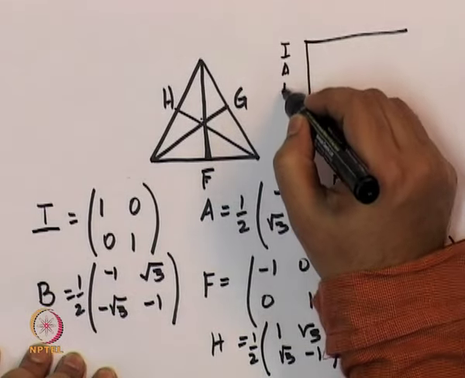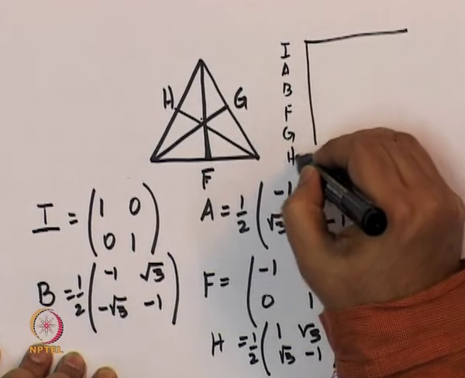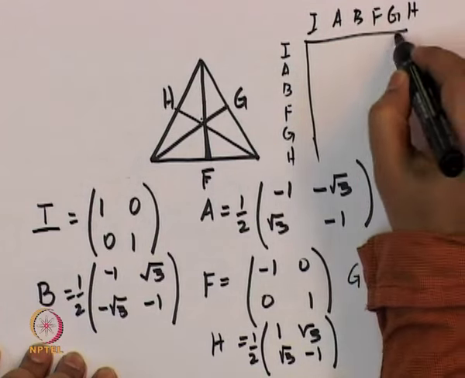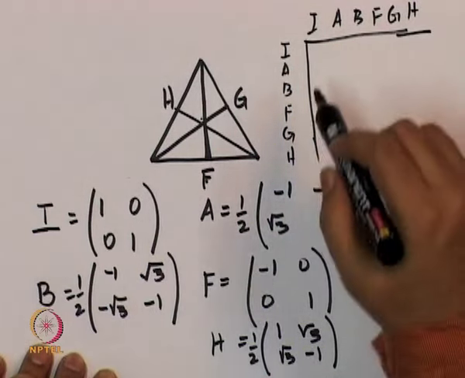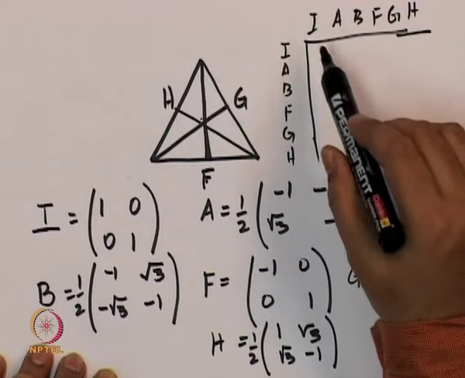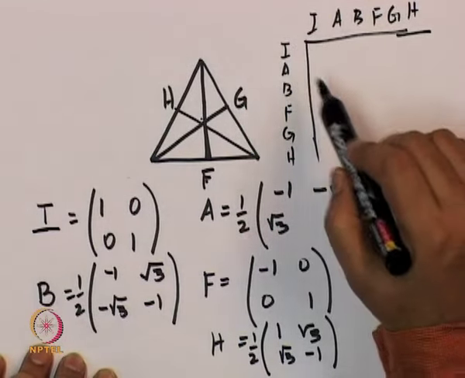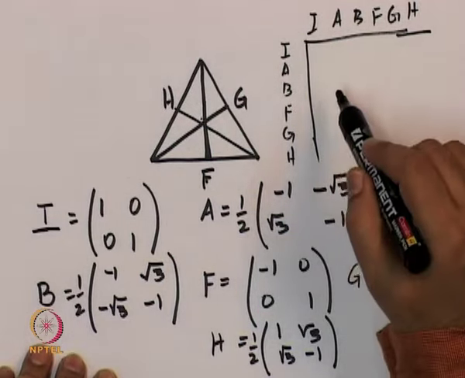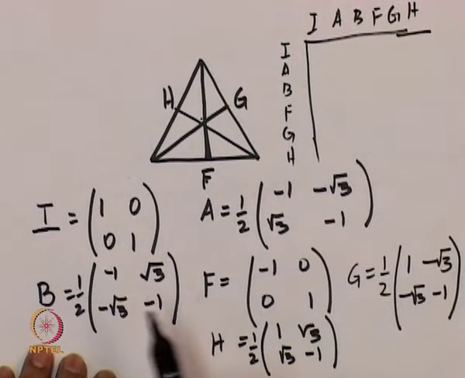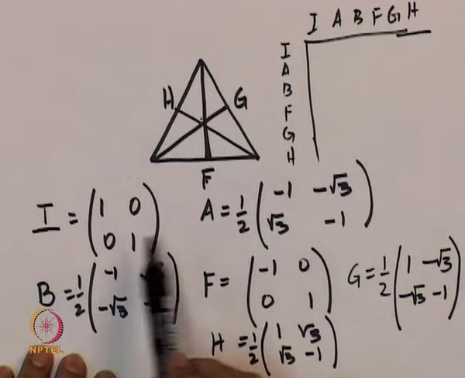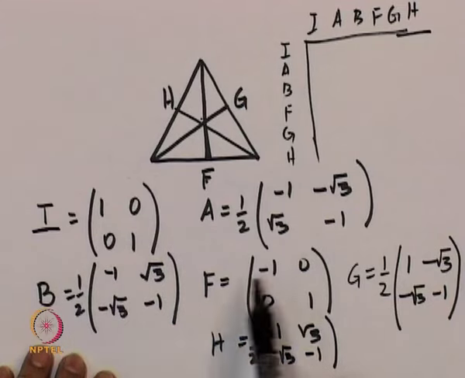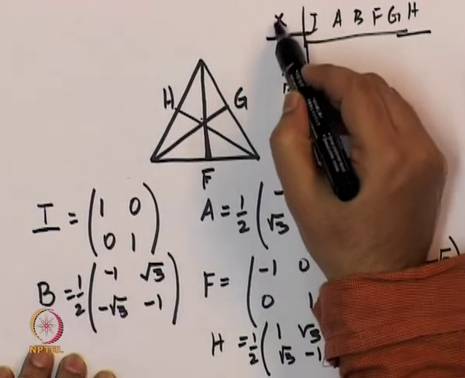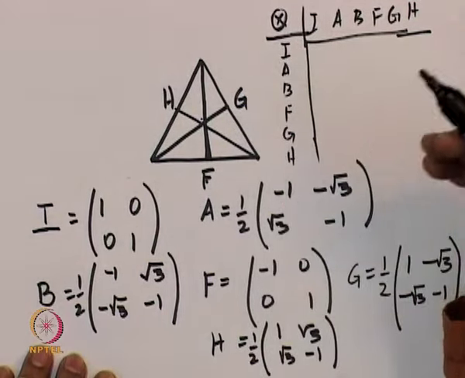So, you can list I, A, B, F, G, H and I, A, B, F, G, H. You will see that all the elements are I, A, B, F, G, H only, and I happens to be the unit element, and for every element you can find out the inverse element. If you consider I, A, B, F, G, H as these matrices, the group multiplication operation is nothing but the matrix multiplication.